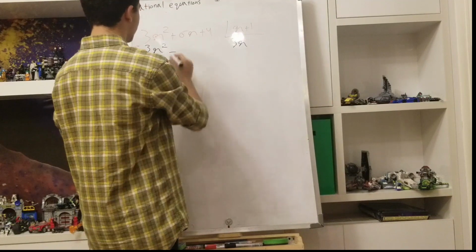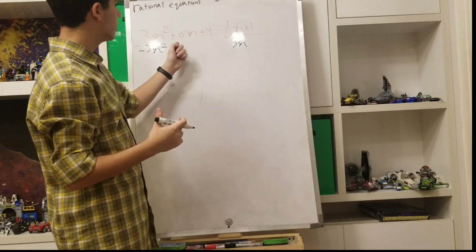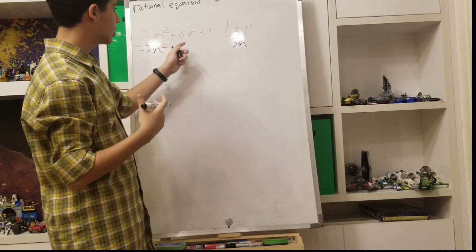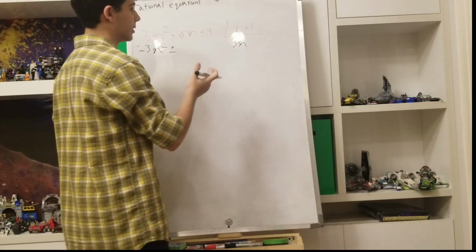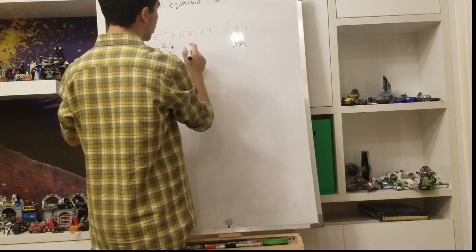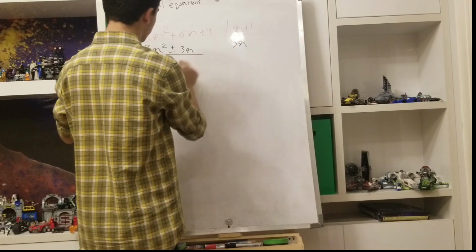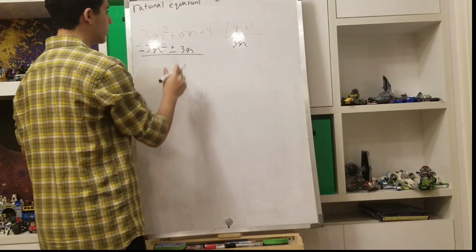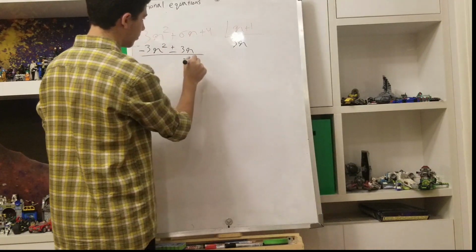But if you get mixed up, just write the addition sign over the negative sign, so you know that you changed the signs. And this will be 3x as well. So you subtract them, and you'll only have 3x.